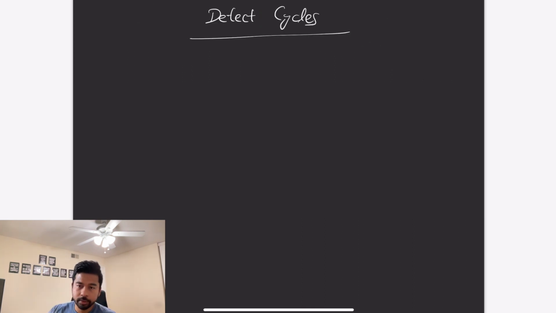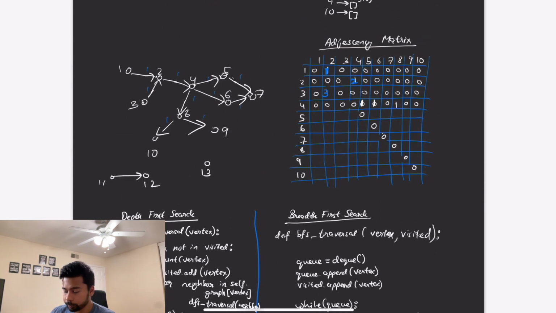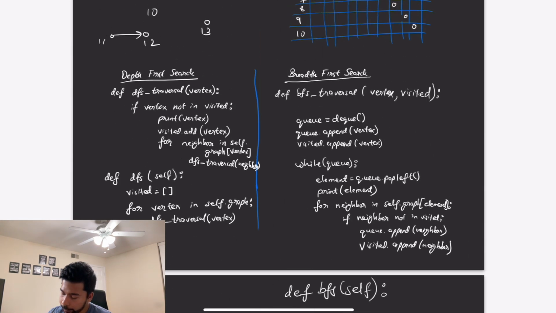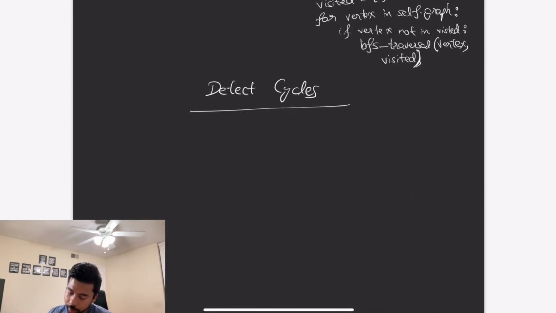Now we're going to talk about trying to detect a cycle in the graph. So detecting a cycle means detecting something like this. Well, it's not a cycle here, but if I were to draw a graph like that, with a cycle in it, right?